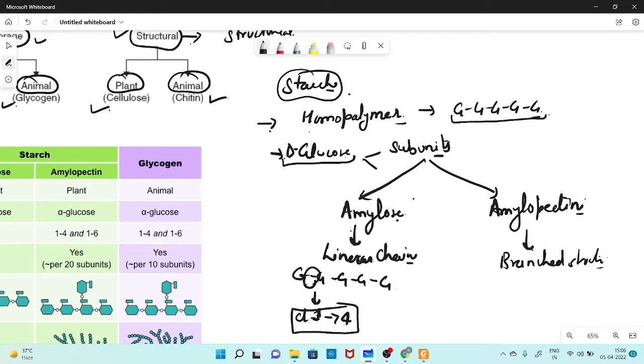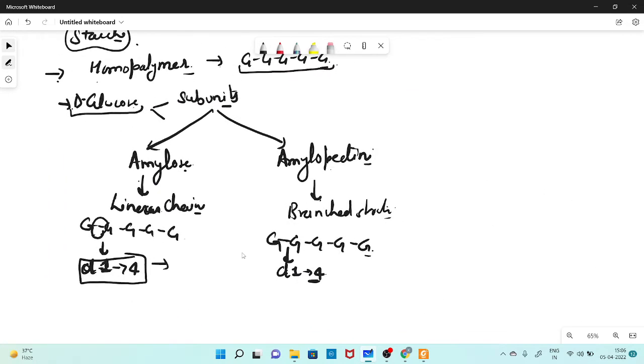You need to remember the linear amylose structure has alpha 1,4 linkage, whereas amylopectin, when it is in the linear form, has alpha 1,4 linkage, and when it is making the branched bonding, that bond is called alpha 1,6 linkage.